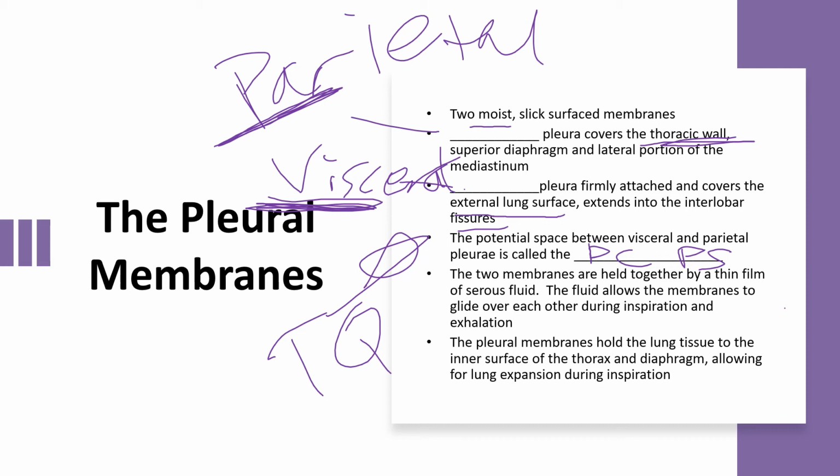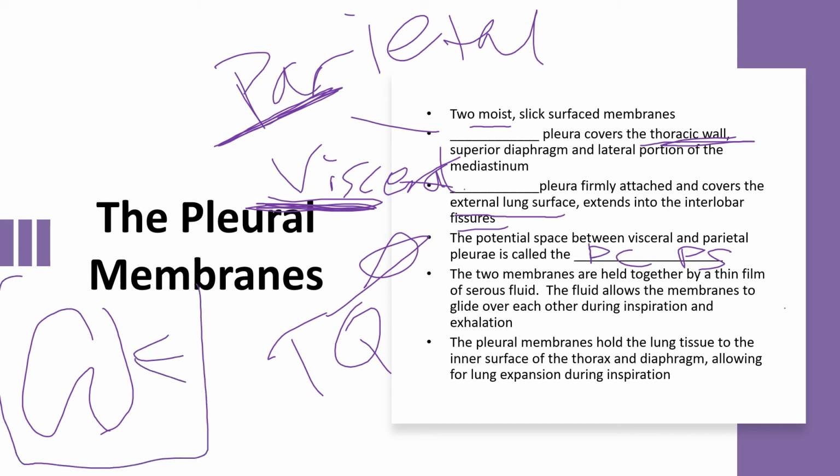So the pleural membranes hold the lung tissue to the surface of the thorax and the diaphragm, which allows for the lung to expand when we're breathing in. Like I said, you have your lungs that naturally want to collapse in, and then you have your rib cage that naturally wants to pull out.